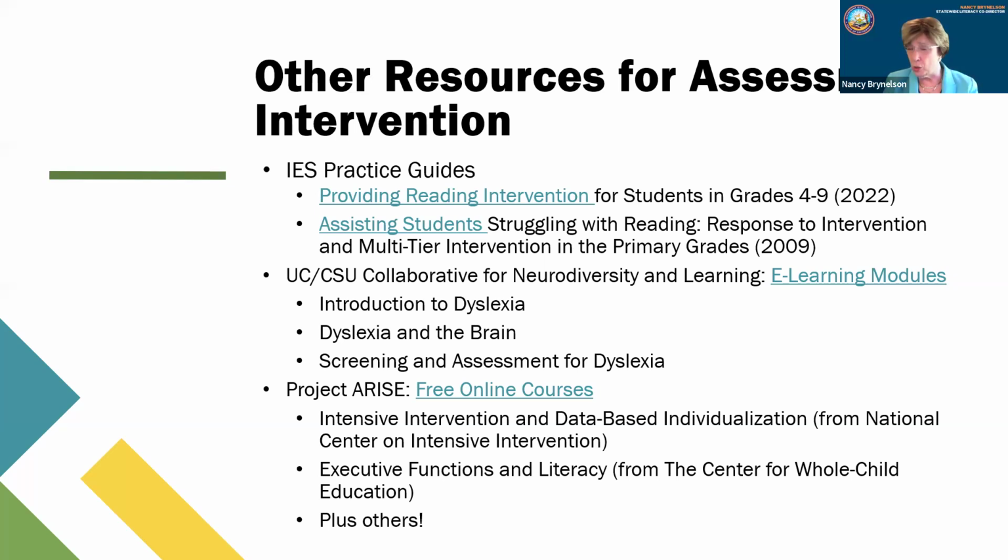And even though it says grades 4 through 9, really a lot of the advice there, and they've done real meta-analyses of the research relative to intervention across the whole range of reading, has real implications for grades before 4 and after 9, but is a very helpful document. And then an older document, but still with lots of good advice, Assisting Students Struggling with Reading: Response to Intervention and Multi-Tier Intervention in the Primary Grades.